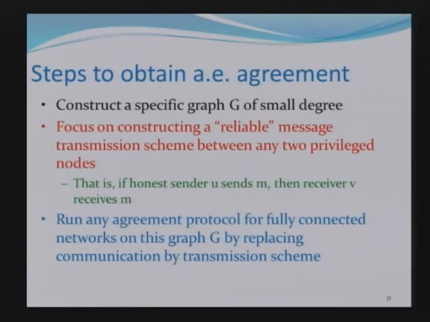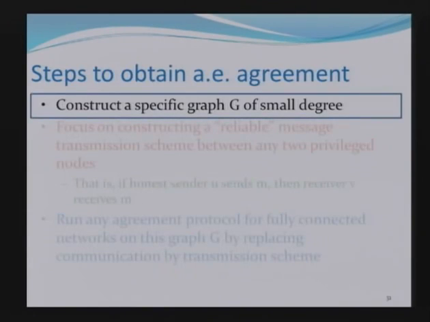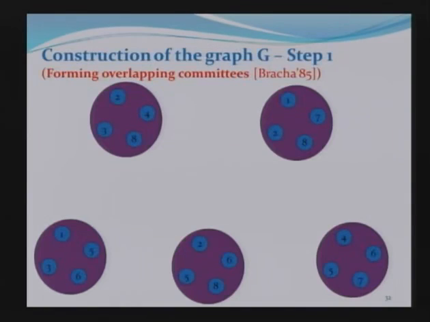I may not have too much time to talk about this, so I'll just quickly mention how you construct the specific graph. The way is to place them in overlapping partitions and then connect them in some specific way. Some of the tools needed are from the theory of expander graphs.